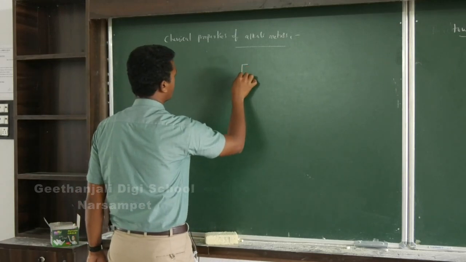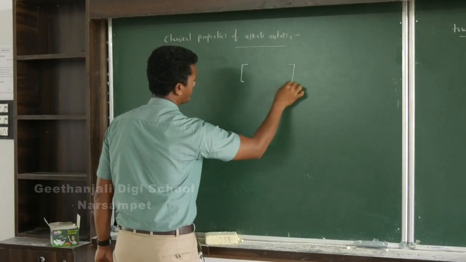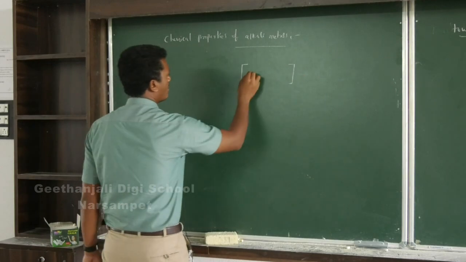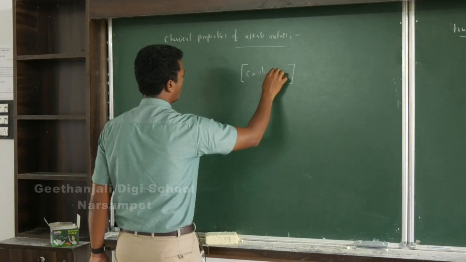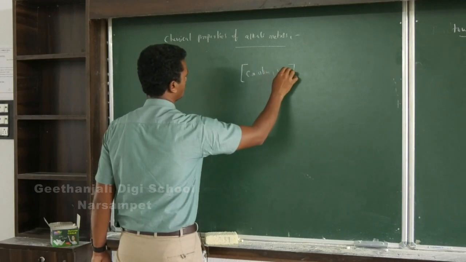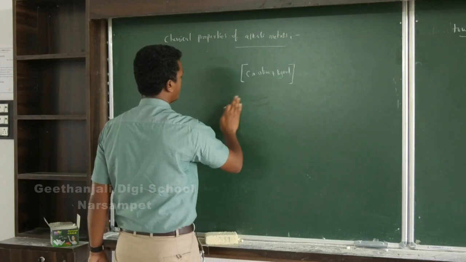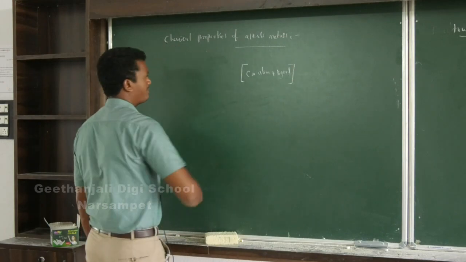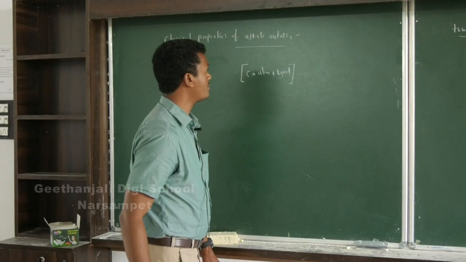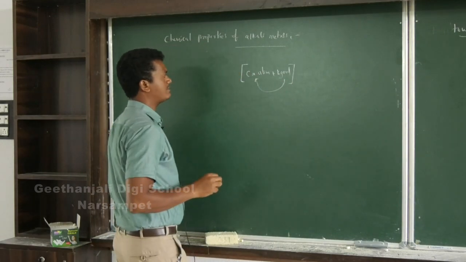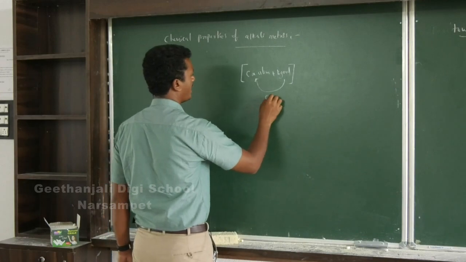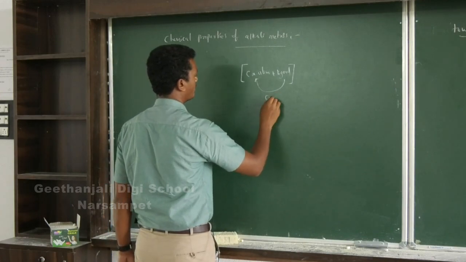In complex compounds we have a coordination sphere, which has the central metal atom or ion including ligands. A ligand is a species which can donate an electron pair to the empty orbitals of the central metal atom or ion, making a coordinate covalent bond.